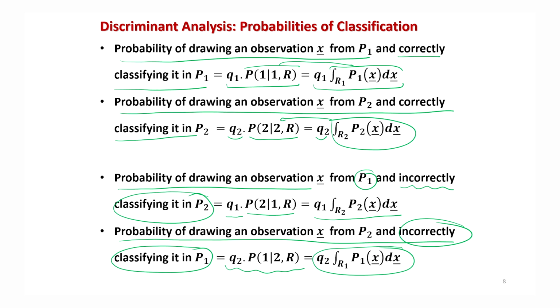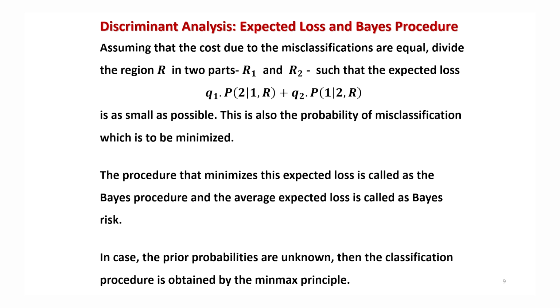Now, what is your problem? Your problem is that an unknown observation comes and then you have to classify it into one of these regions. Whenever you are doing it, there is always some cost of misclassification, and based on this cost, there is going to be some loss.